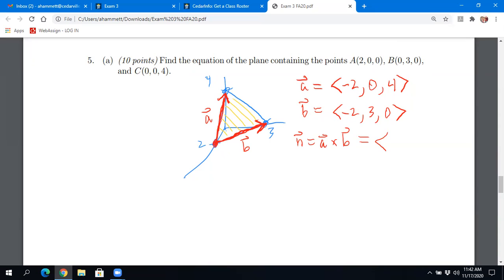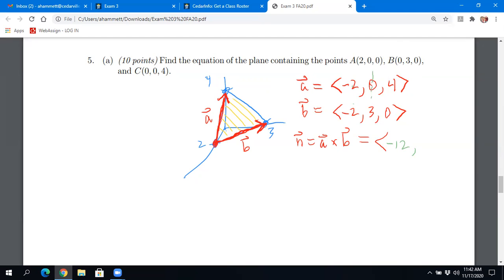Well, you remember what we do is we cross out the first column, and then we look at this. So that's going to be -12, because it's going to be 0 minus 3 times 4, which is -12. Okay, so what comes next?